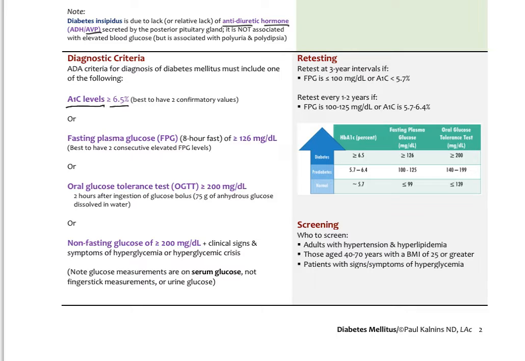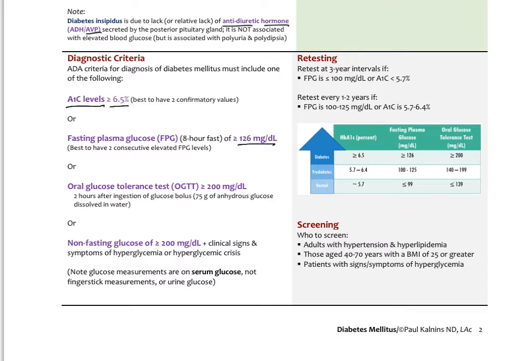The fasting blood glucose can also be used after an 8-hour fast, and if it's equal to or greater than 126 milligrams per deciliter. Again, this one is best to have 2, even 3 consecutive measurements. Or if an oral glucose tolerance test is done, where a person ingests a bolus of glucose, 75 grams of anhydrous glucose dissolved in water, and then we measure their blood glucose after 2 hours.